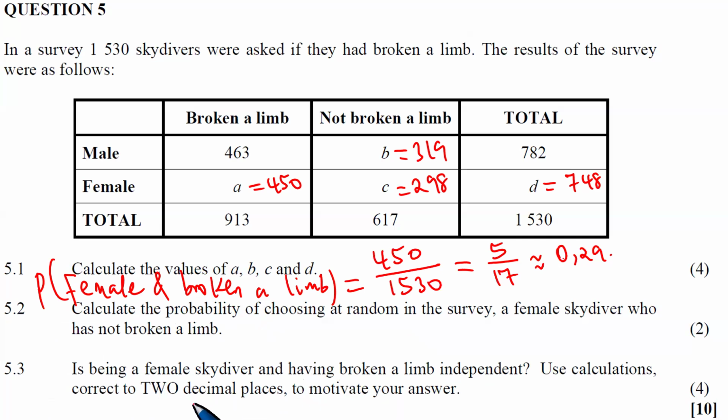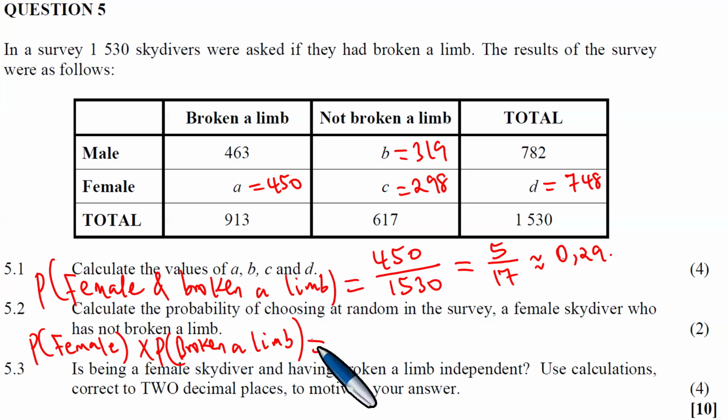Now we are going to proceed and check this: if we do the probability of female times the probability of broken limb, and compare with female and broken limb, what is the probability of female alone? What do you think?